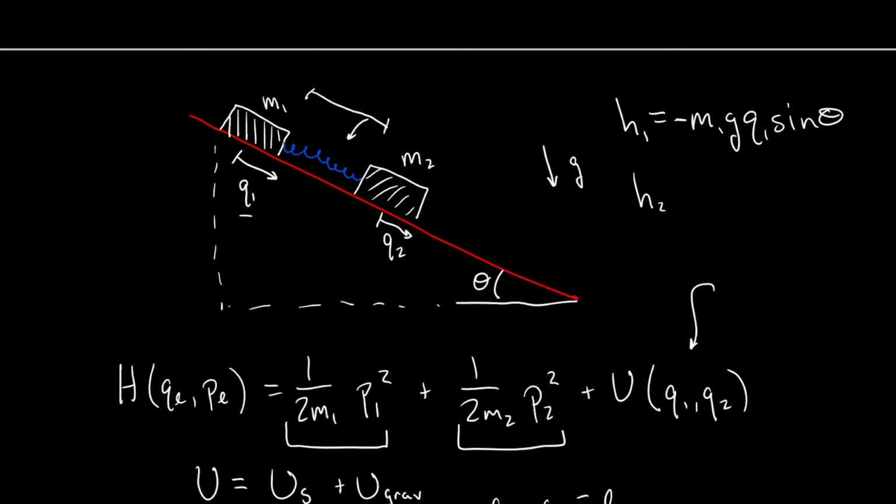And similar for h2. H2 is minus q2 sine theta. And of course, there are some constants as well in these, but we don't care about those because that's just going to add a constant to our potential energy, and when we take derivatives of the Hamiltonian, those just drop out. But hopefully this minus sign makes sense.